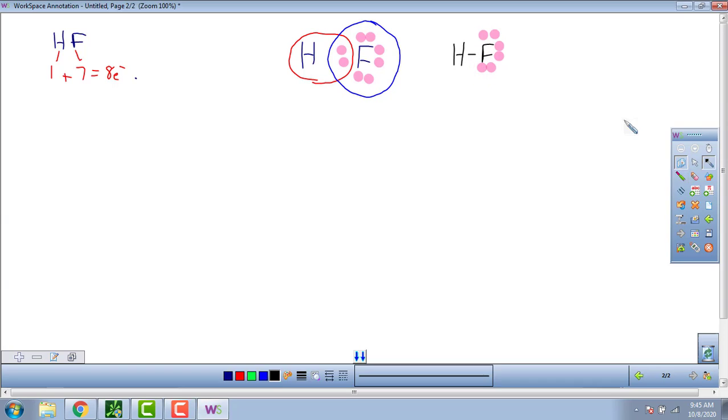Generally, if you see this outside the context of a Lewis dot diagram, if it's just talking about HF, we usually leave off all of the extra electrons and just focus on the bonding ones. For this chapter, you do want to do this notation, but going forward you will see the shorter notation.